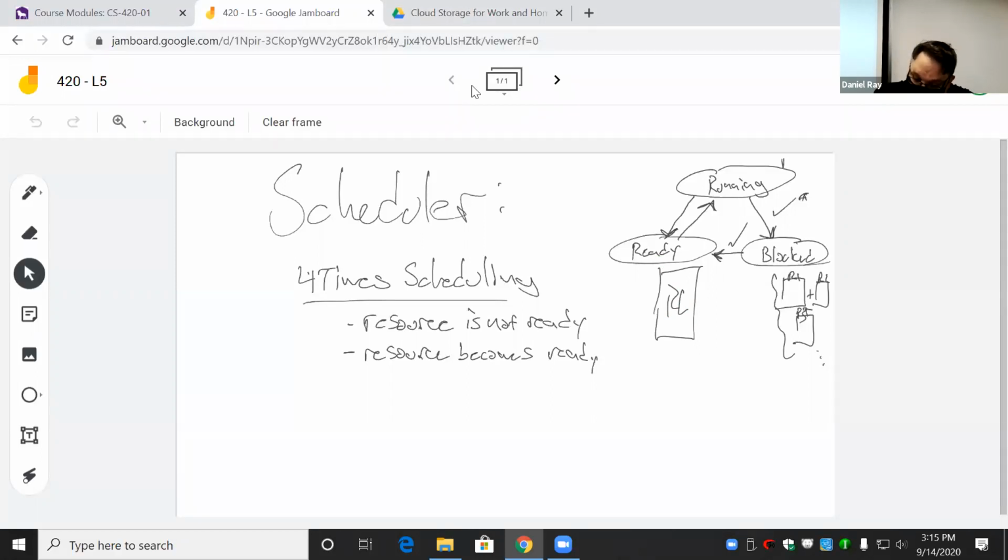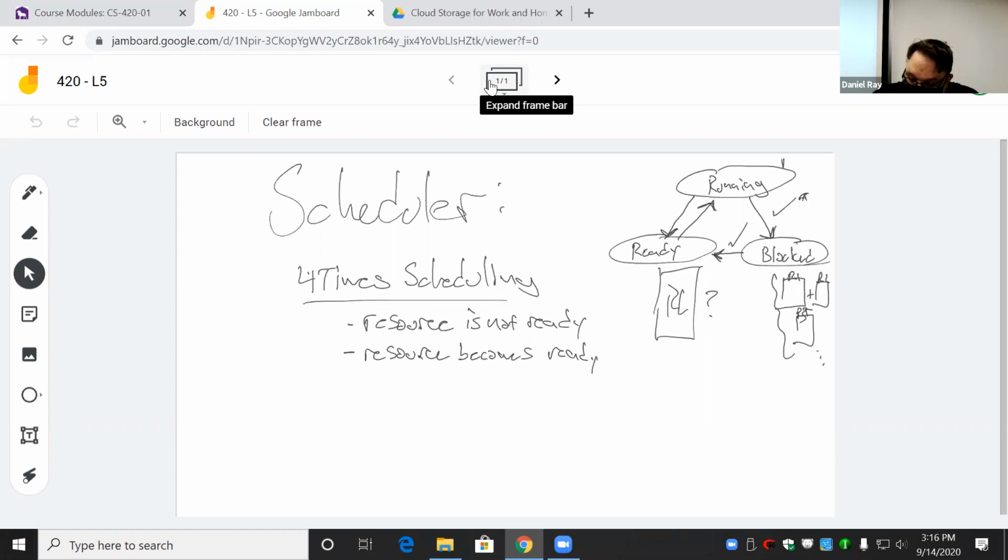So we need to choose from this, okay? How do we choose from this? Well, that's some of the stuff we're going to talk about today. But in some fashion, we need to choose from that because a resource was not ready. We moved into block, and we needed to load another one onto running, okay?